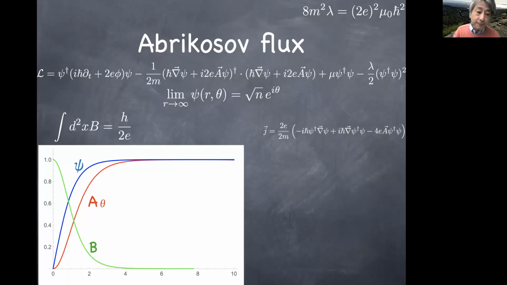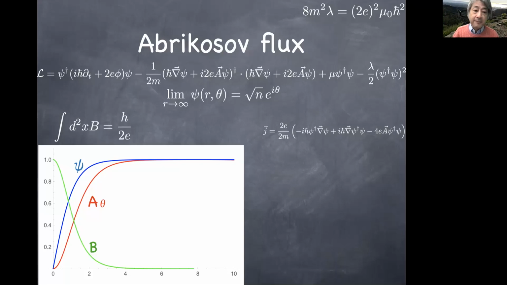But now that you have solved for A of theta, you can compute its curl, and that's the magnetic field in green. So the magnetic field penetrates through the superconductor where the vortex is, but it dies off exponentially. So the magnetic field punches through the superconductor in a very, very localized fashion.